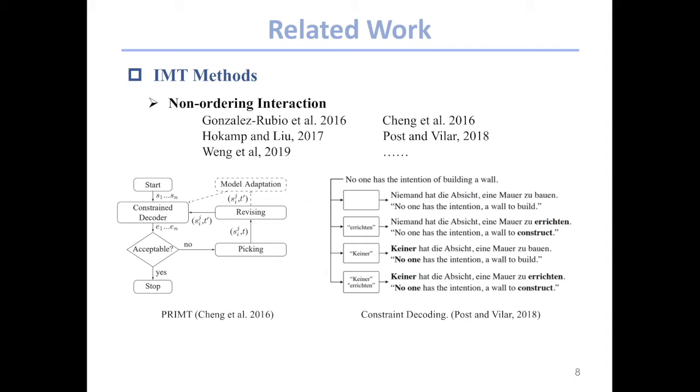Another line of work focuses on interaction at arbitrary positions. In these works, the human translator directly modifies crucial errors in translation results. The model is then asked to redecode and force the lexical constraints like words or phrases to appear in the final translation.